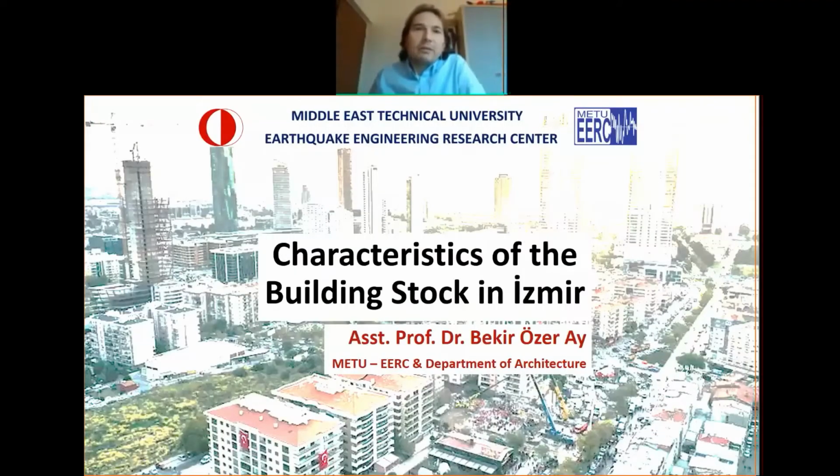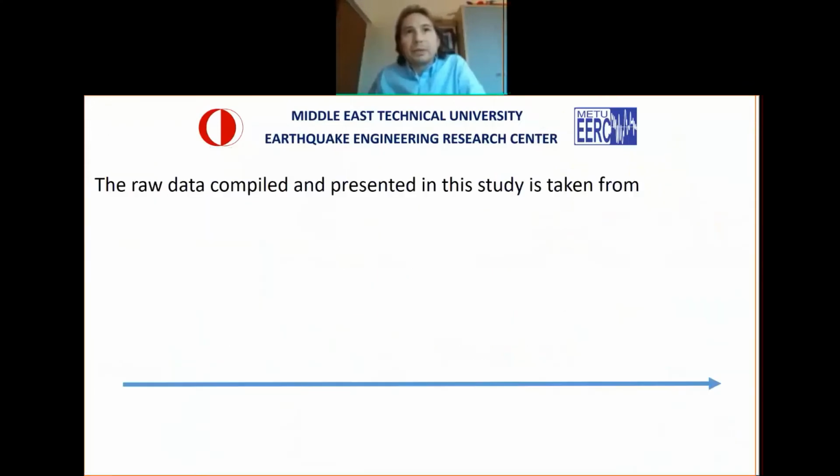At this point, I would like to express that Gizem Nur Talas Soylu, a graduate student of mine, has taken the raw data and compiled it for Turkey and for Istanbul before for graduate studies. After the earthquake of Izmir, I have recompiled and reanalyzed it as raw data, particularly for Izmir.